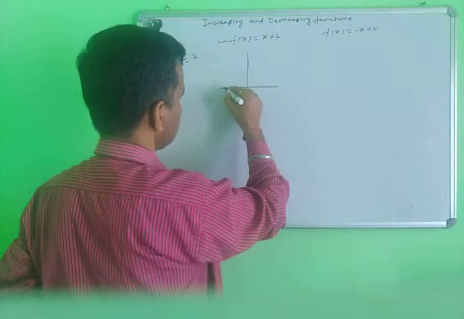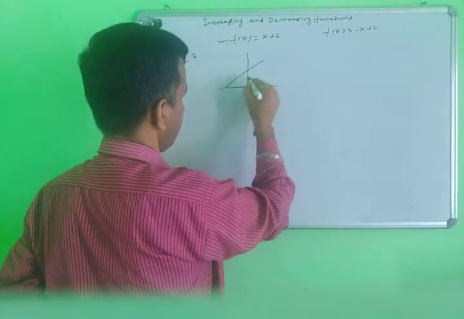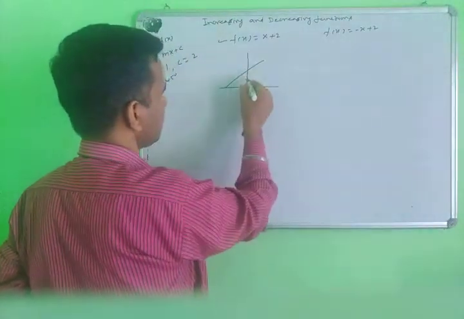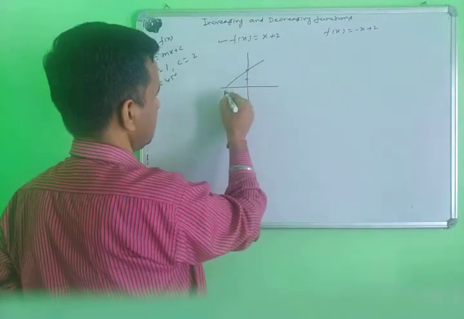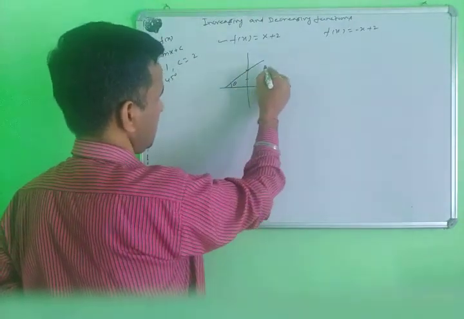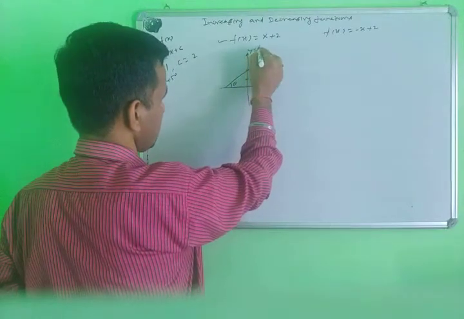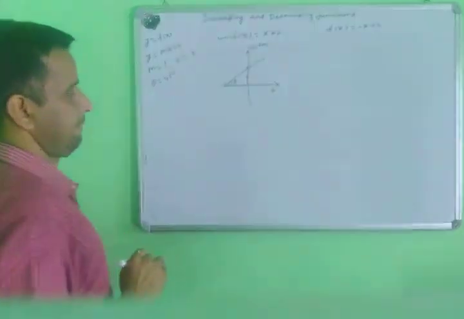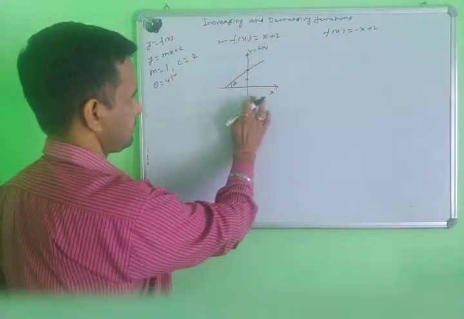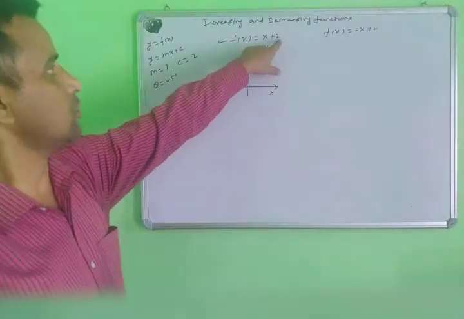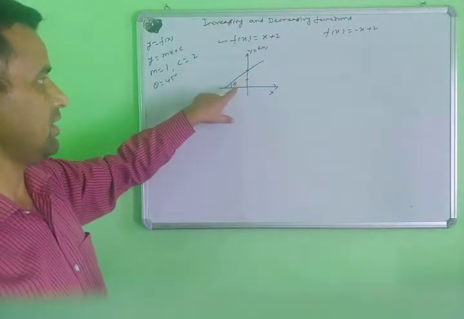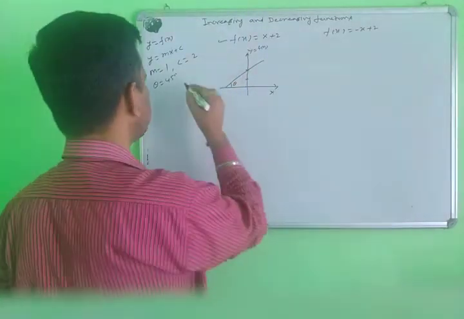This is the intercept 2, this is your theta, this is your x-axis and this is your y-axis, y equal to f(x). Theta equal to 45 degrees. Then I draw the second part here.